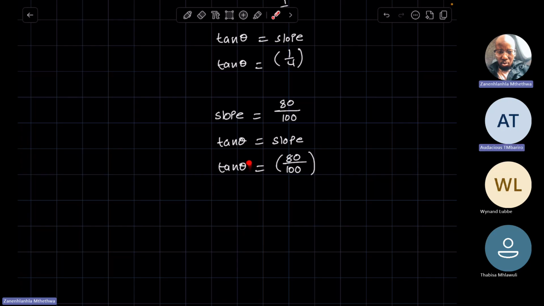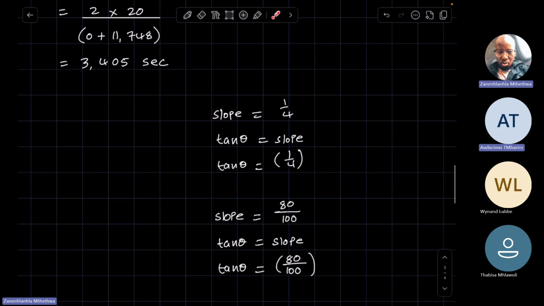Can you please explain the one at the top, the 1/4? What happened there? So if in the statement they say the slope, or the gradient of the slope, is 1/4, mathematically tan theta is equal to the slope. So if the slope is equal to 1/4, it means tan theta is equal to 1/4.